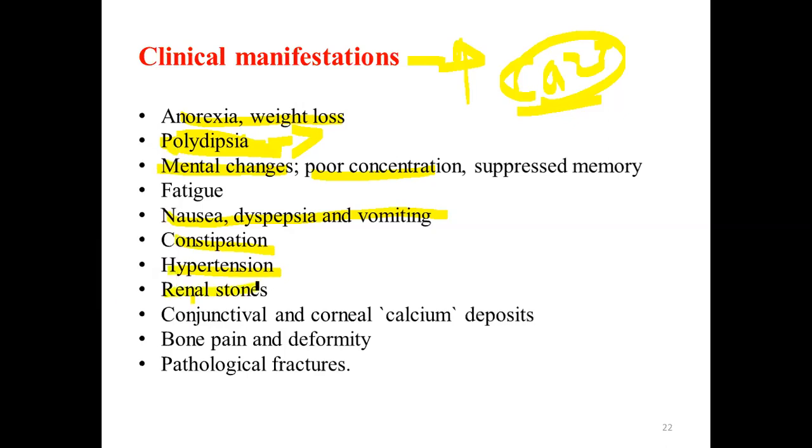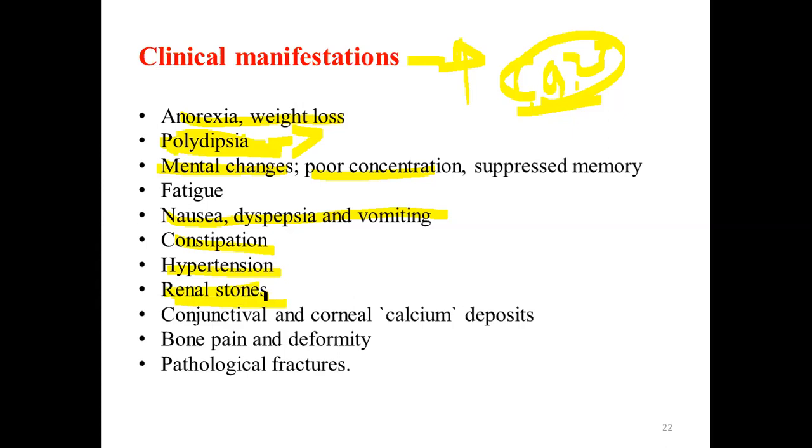That is why, if you remember from the video, when we continuously administer calcium without monitoring, the probability of having kidney stones will be very high, because calcium can precipitate in the urine and form a stone, and they can block the renal tubule. That is why renal stone comes in.